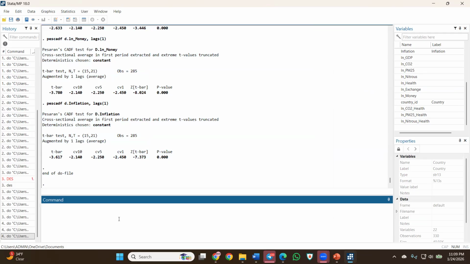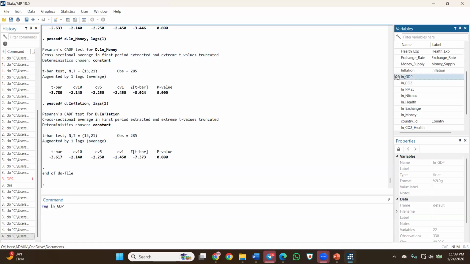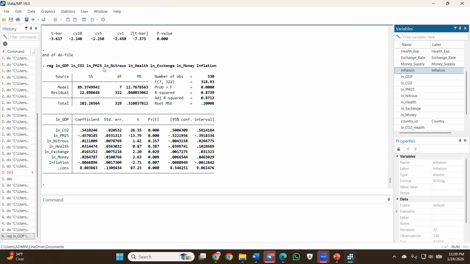So normal OLS is reg. That's what you use for the VIF. Reg GDP, our dependent variable. So you select your dependent variable, then you select your independent variables. These are our independent variables. So this is our OLS regression, which we said is the basic form of regression.